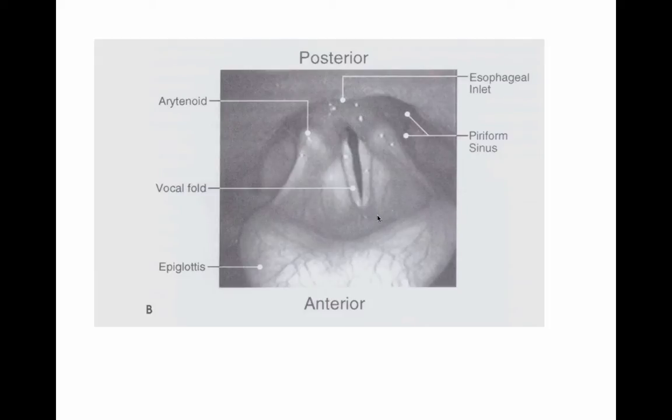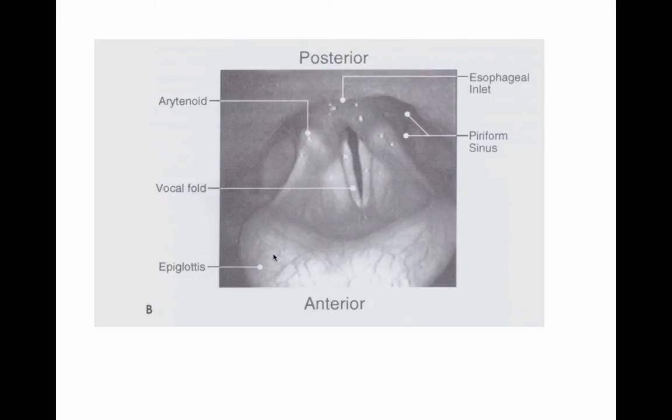These are projections of the false vocal folds, which are located above the true vocal folds here. But because we don't have that sense of depth perception, it really does look just like it's flat, but it's not. Here's one and here's the other, false vocal folds protruding into the airway.